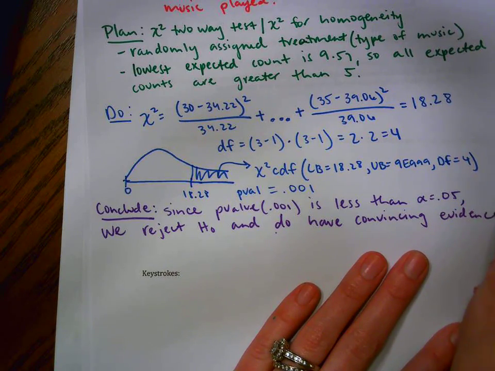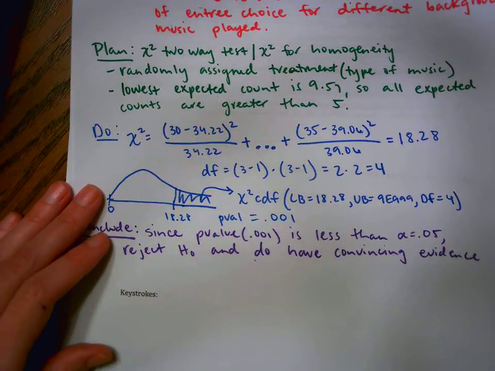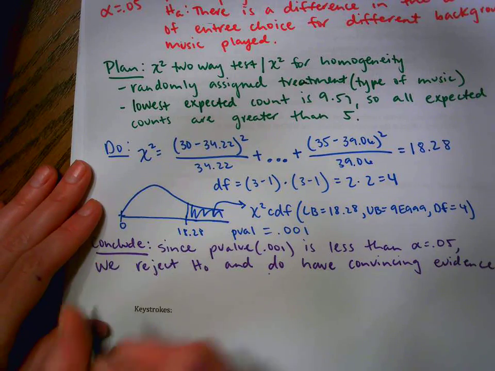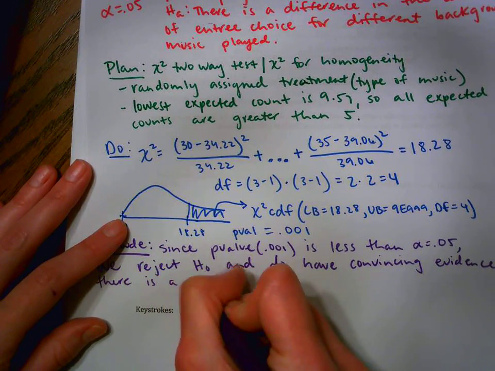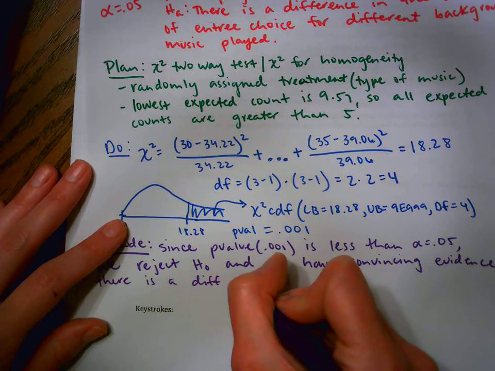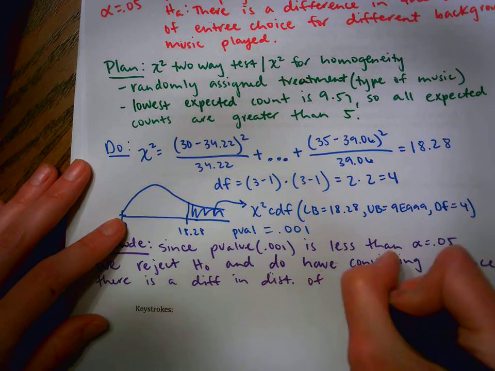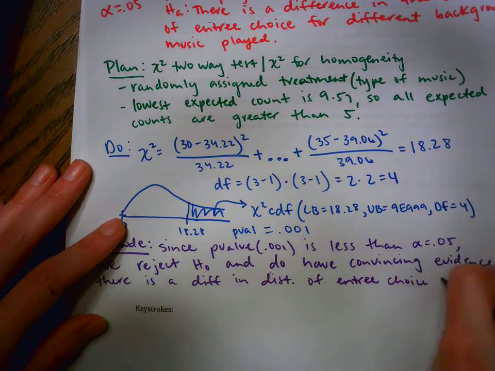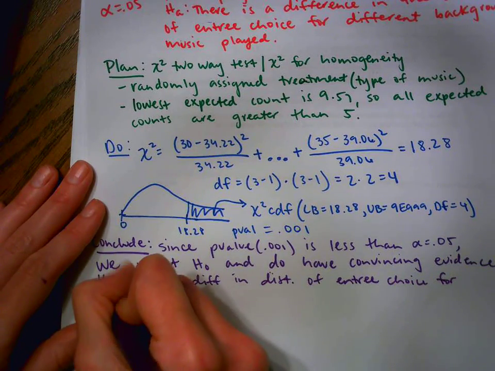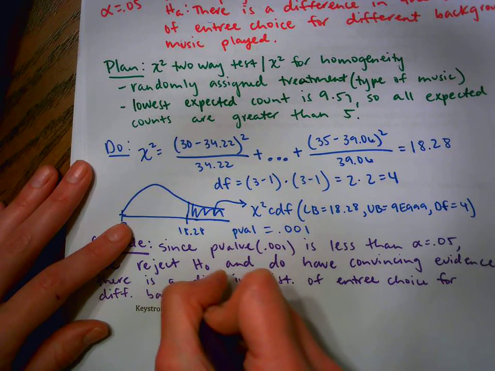Do have convincing evidence, and then you just write your Ha: there is a difference in distribution of entree choice for different background music. I'm abbreviating so I don't run out of time.